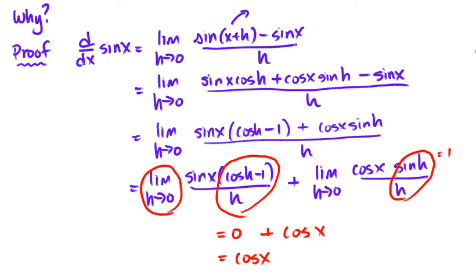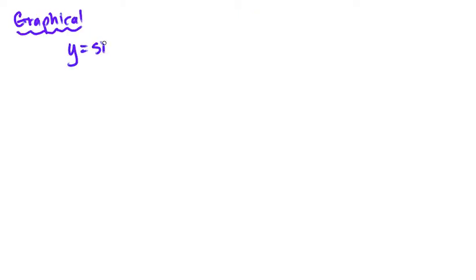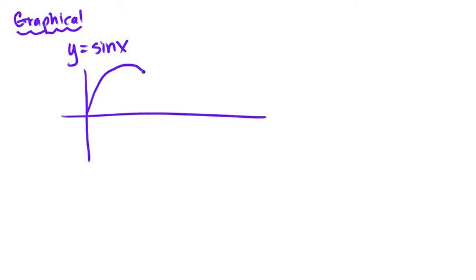Let's also take a look at the graphical approach to this. We'll start with y equals sine x, and hopefully you can graph this fairly quickly. There's an estimate. Let's take a look at the derivative. At 0, the slope is about 1. In fact, it's exactly 1. And here, at pi over 2, the slope is exactly 0, as it is here.